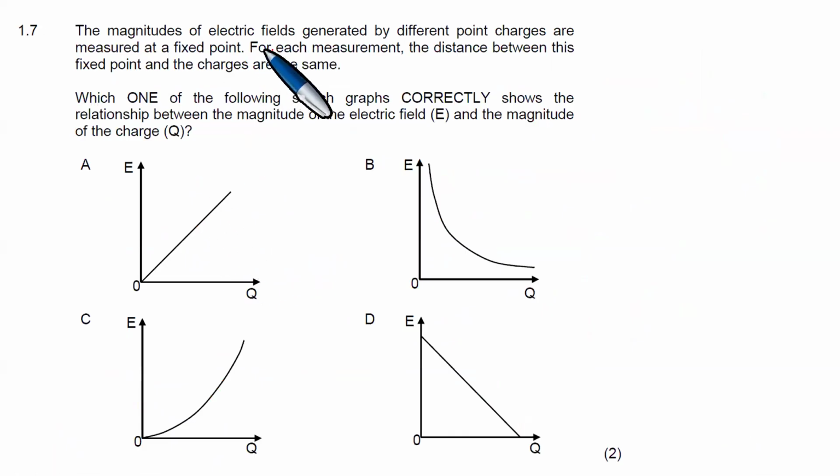The magnitudes of electric fields generated by different point charges are measured at a fixed point for each measurement. The distance between this fixed point and the charges are the same. Which of the following sketch graphs correctly shows the relationship between the magnitude of the electric field E and the magnitude of the charge?